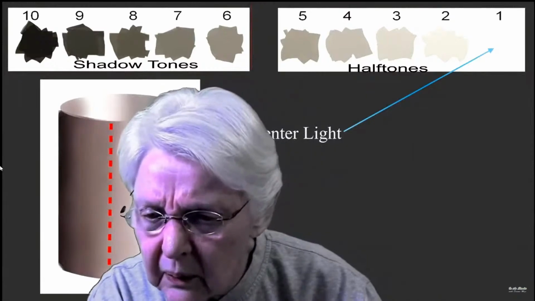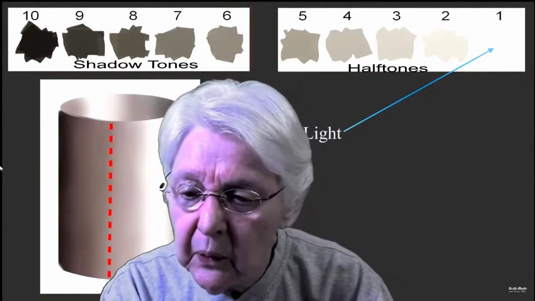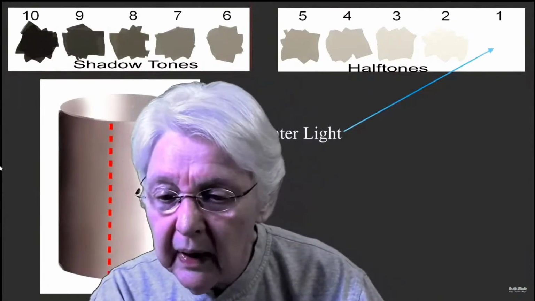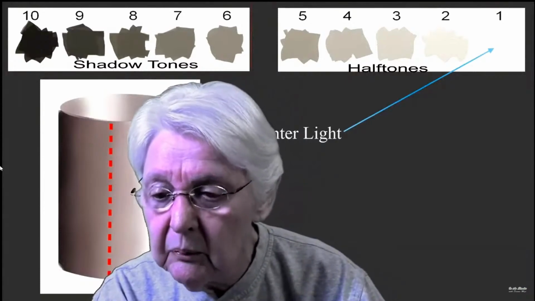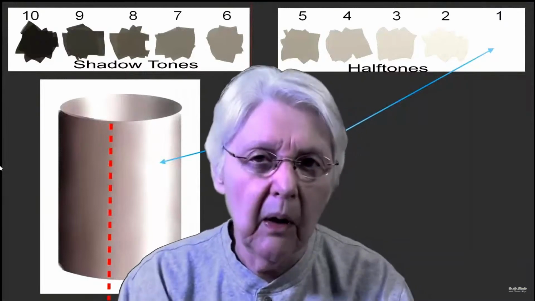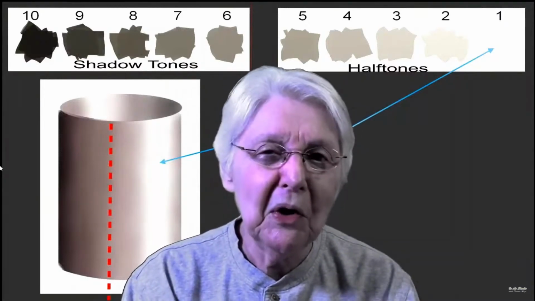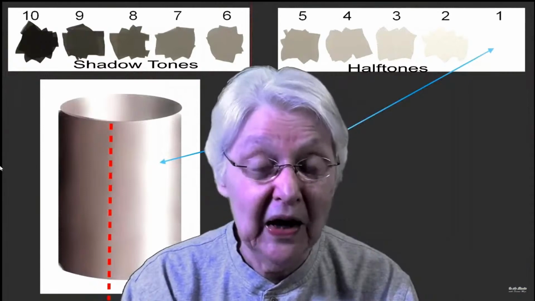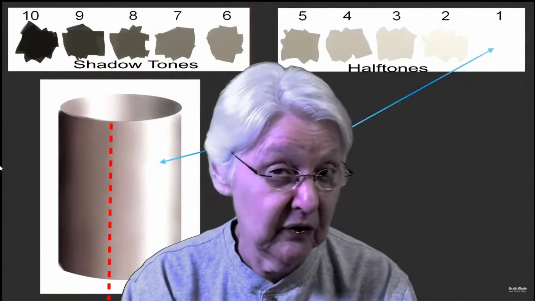Let's see, there was another one that was part of the first one. Rembrandt might have halftones differently, and yes, all artists have their own individual uniqueness when it comes to how they use halftones and use their shadows.